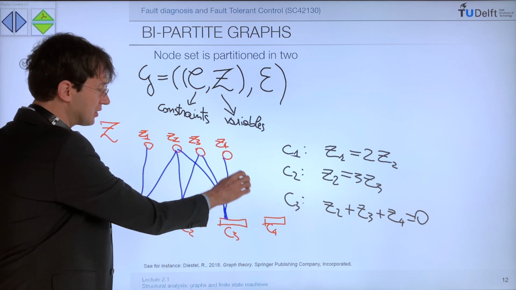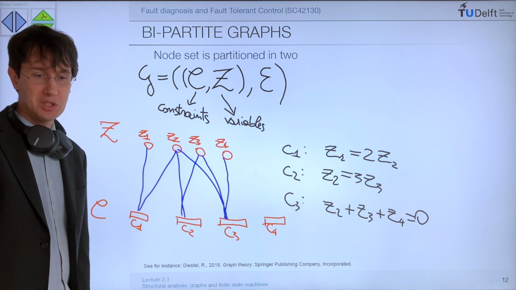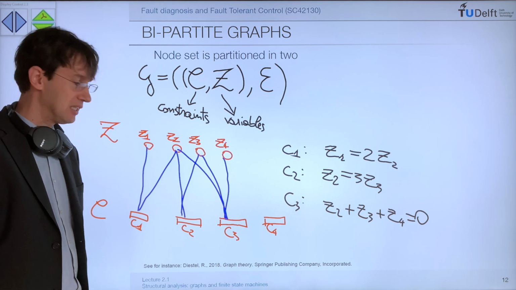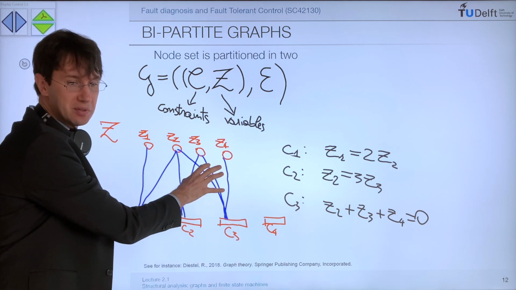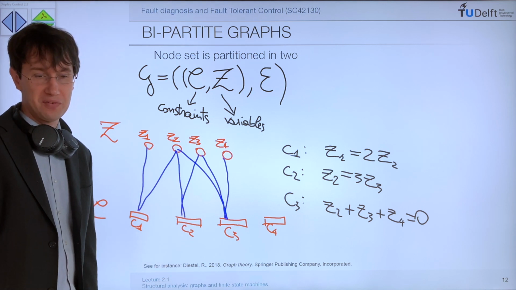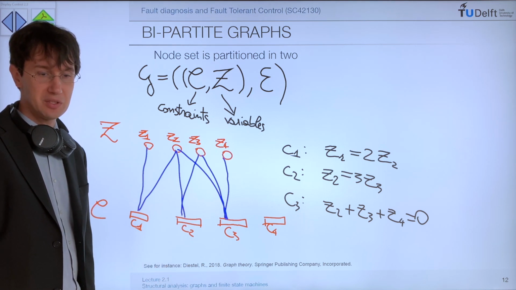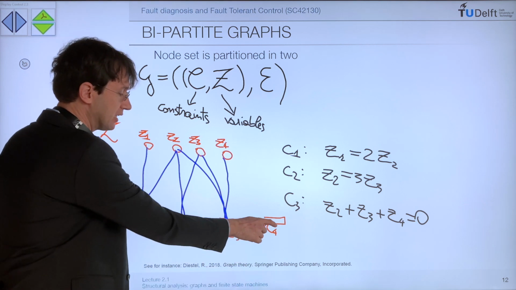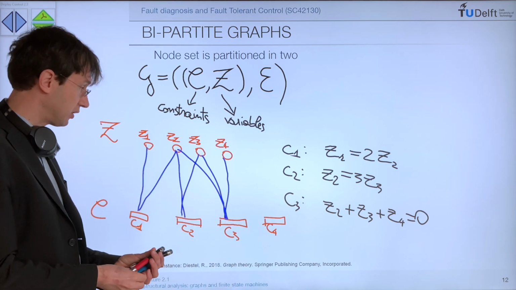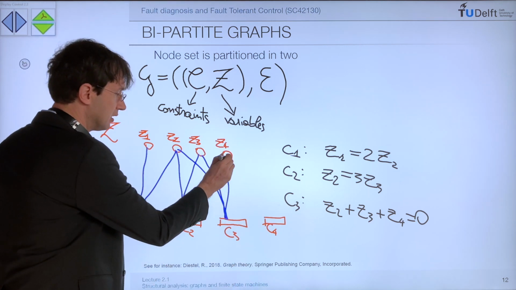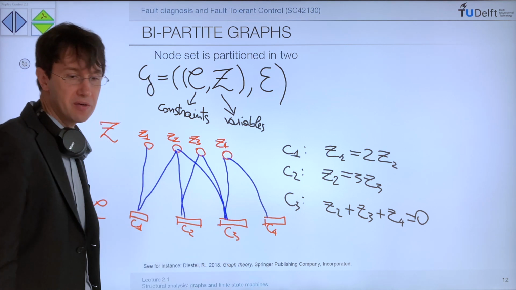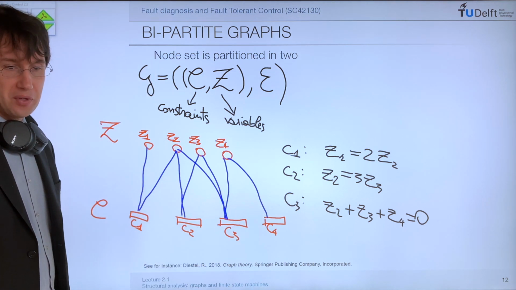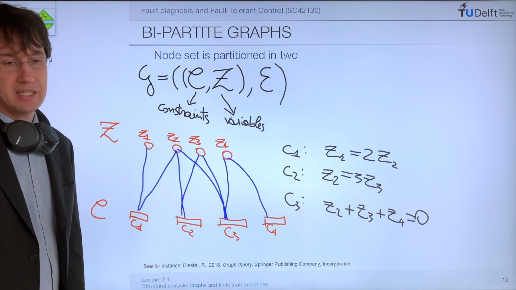The fact that it's not connected immediately shows you that this is not adding any information, so you cannot actually solve the system of equations uniquely just by adding this. If you had a situation like that, then at least from a structural point of view, you can solve this set of equations in a unique way.